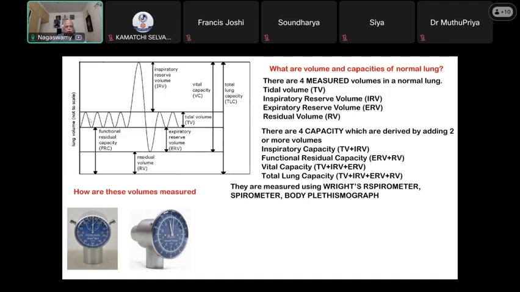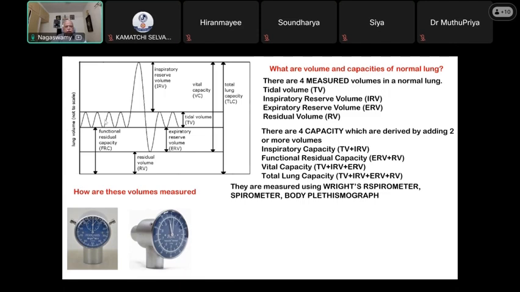So when you plot it like that, how does it look? A continuous plotting of the inspiratory and expiratory volumes. It looks like a wave of a sea, isn't it? A tidal wave of a sea. That is the reason why it is called tidal volume.